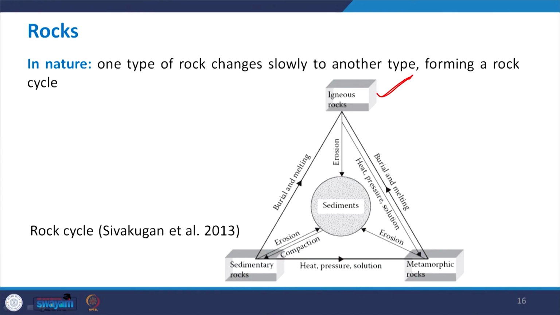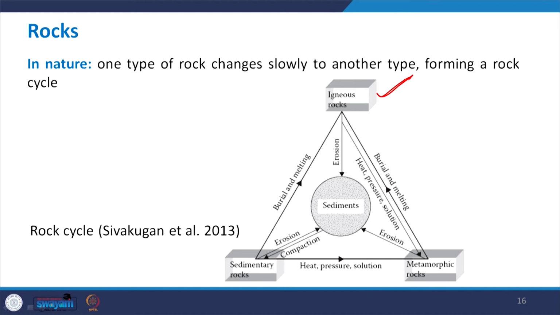Now in nature what happens is, one type of rock slowly can get changed to the other type and it forms a rock cycle. So that is the definition of the rock cycle that I am trying to explain to you with the help of this figure. Let us say that igneous rock is there.